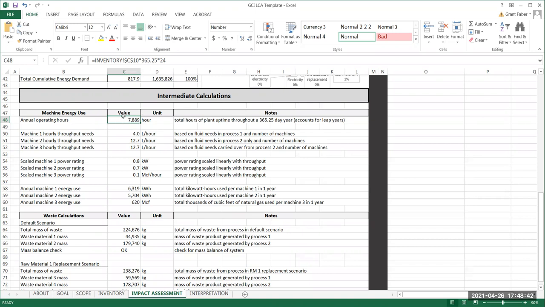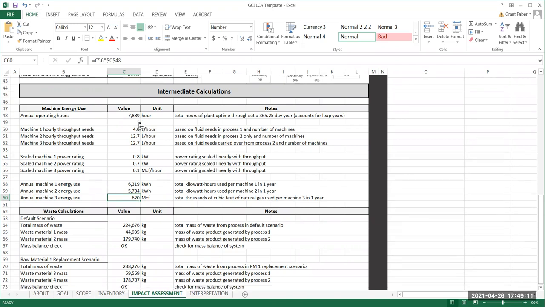So as you can see here, in cell C48, for example, we have inventory C10, which represents the operating capacity of the plant, which is 90% in this case, multiplied by the days per year, averaging out, this 0.25 is from leap years, times 24 hours per day. And so that's used to get this intermediate result of the number of hours per year that the plant is operating, which is then useful in calculating energy use from the different machines.